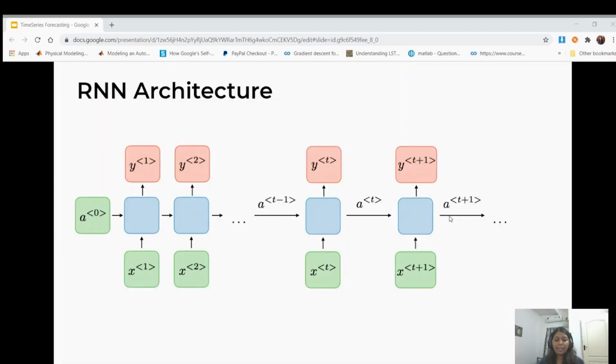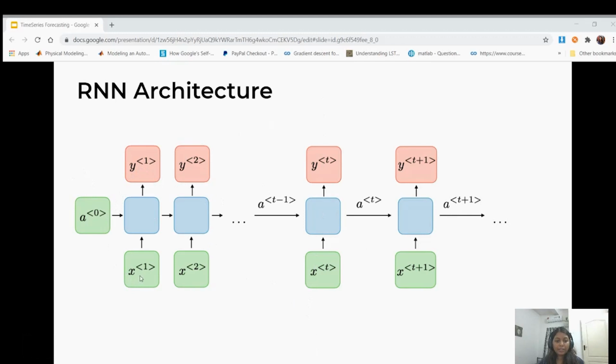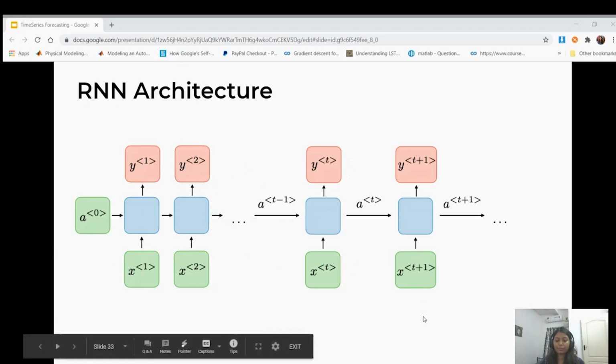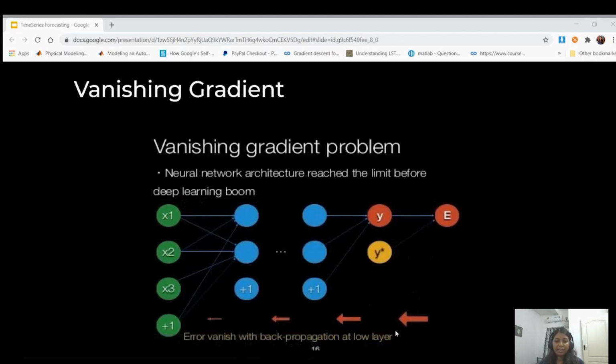So these are the architecture of RNN. You can see there are inputs at every cell, there is output at every cell, and the activation is passing from one cell to another. So I told you about the problem. This neural network architecture suffers from the problem of vanishing gradient.